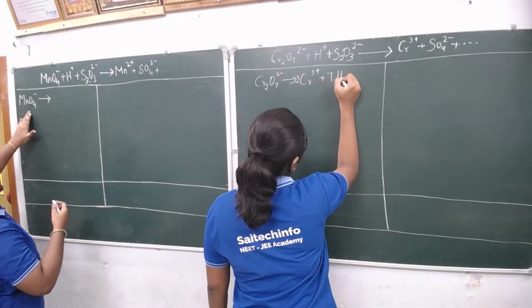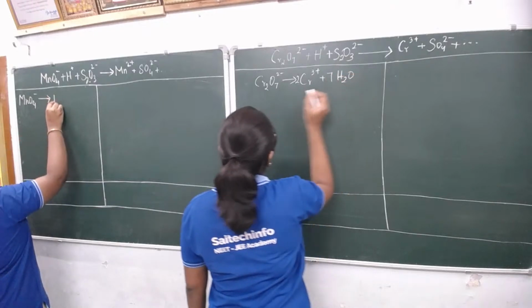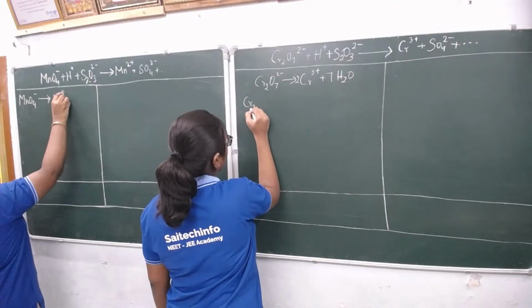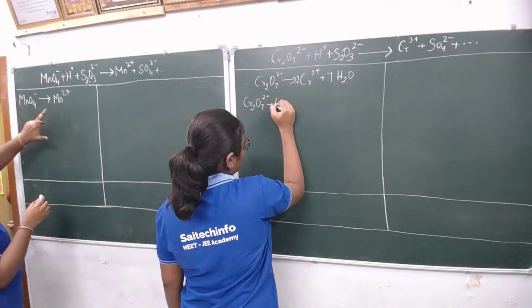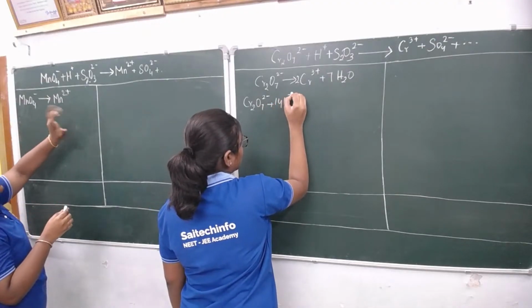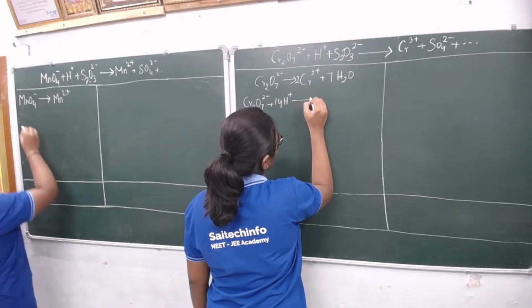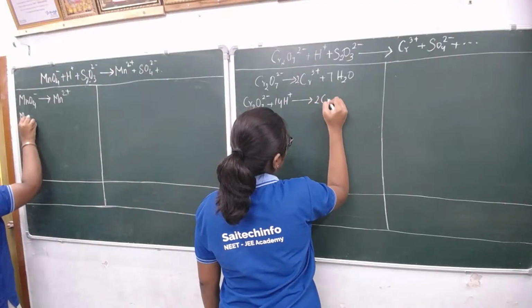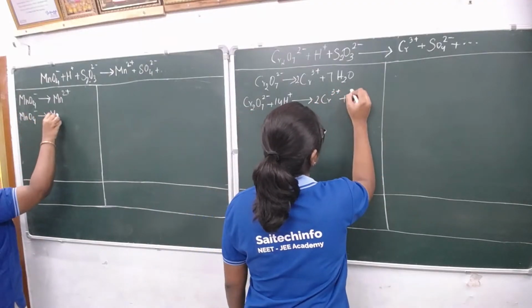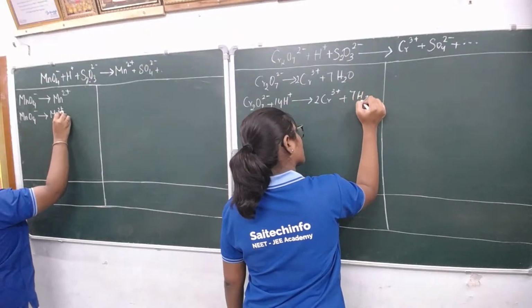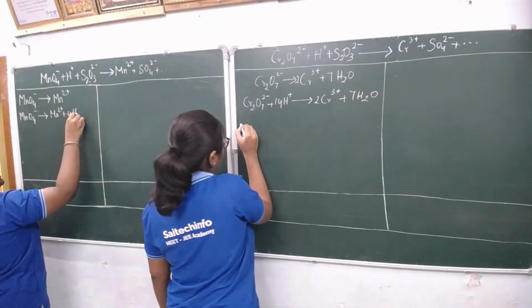So MnO4 minus will be reduced to Mn2 plus. To balance the oxygen, we need to add H2O, water molecule, on the deficient side. So MnO4 minus to form Mn2 plus 4H2O. On the deficient side, we are adding water.